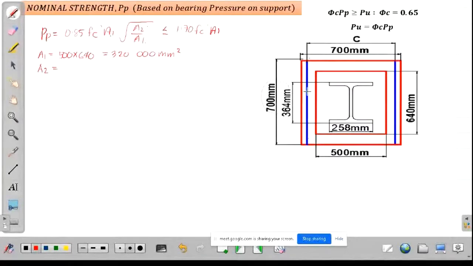So pag tinawag natin yan C, 700 is to C, or C over 700 is equal to 500 over 640. Ano yung magiging value natin ng C dito? So we have 700 times 500 over 640. Ano yung value natin ng C dito?